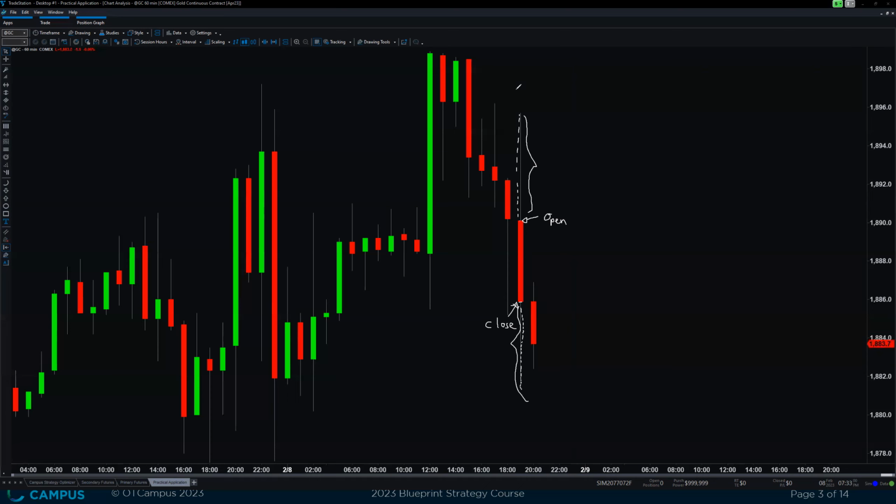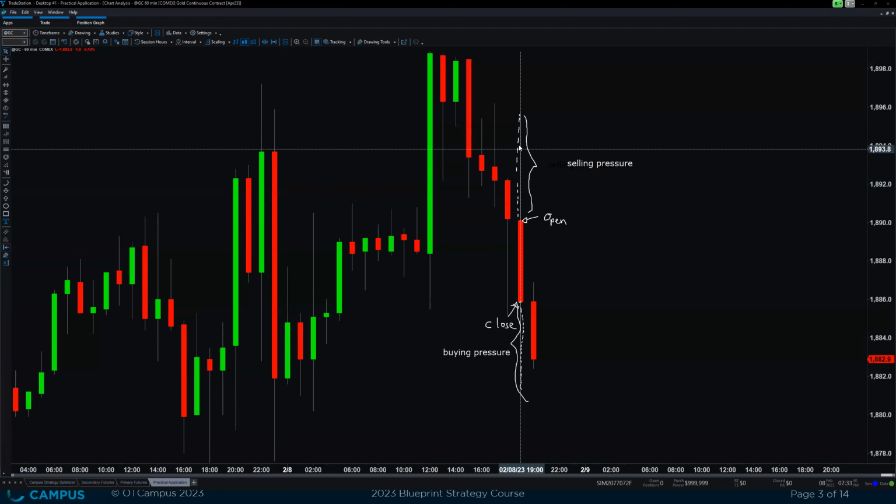So what we just said is that wicks also represent pressure. The top wicks represent selling pressure, and the bottom wicks represent buying pressure.